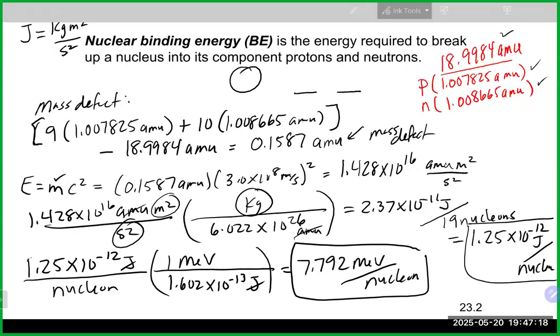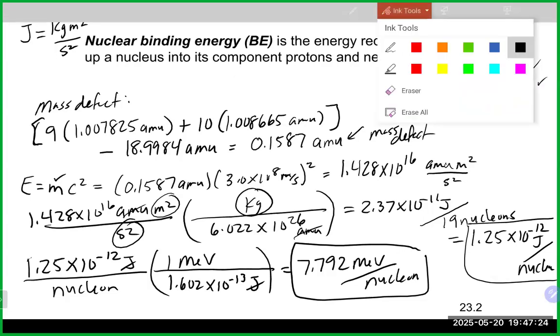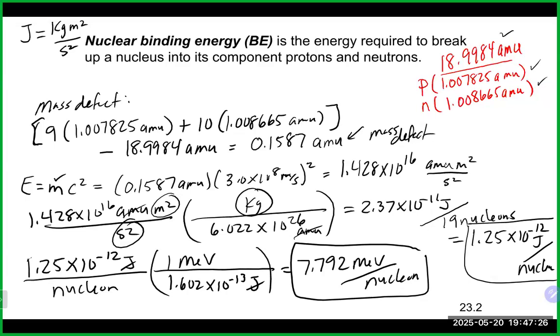Now, if you don't want to use Einstein's equation, you can use some of those conversions that we had on the previous slide, and you could kind of bypass Einstein's equation because those conversions are based off of it anyways.